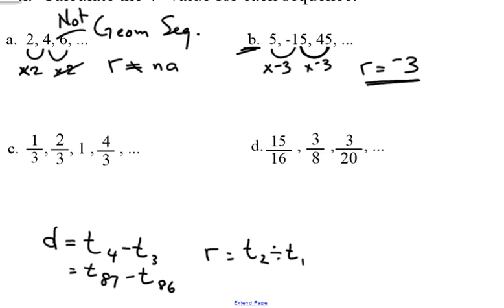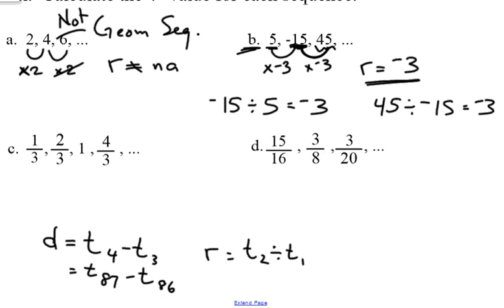Let's just look at B, which we already know the r value is -3. If I took -15, term 2, divided by term 1, -15 divided by 5, it's -3. There's our r value. Or I could take term 3, the 45, divided by term 2, the -15. 45 divided by -15, there's our r value, -3.